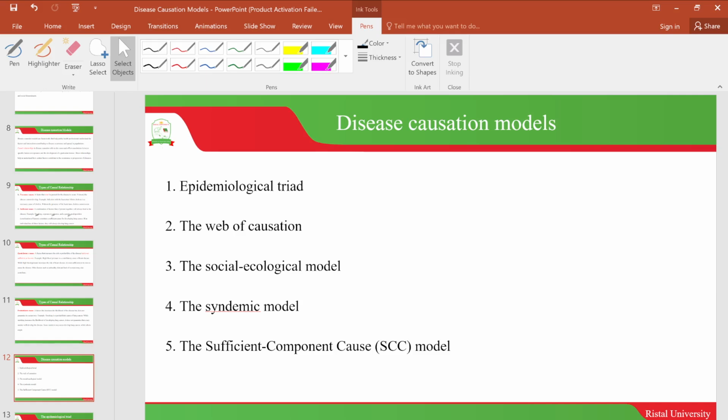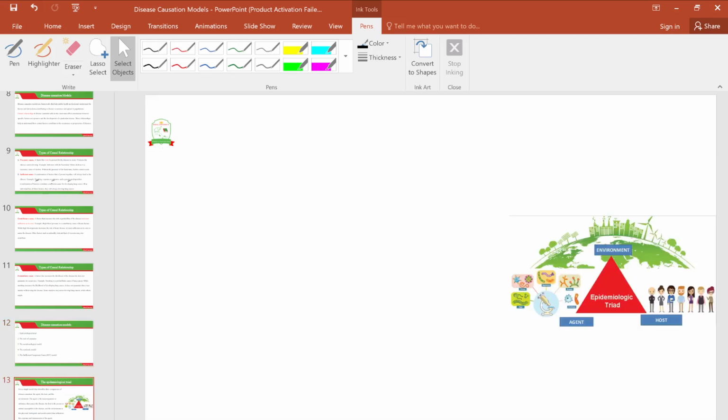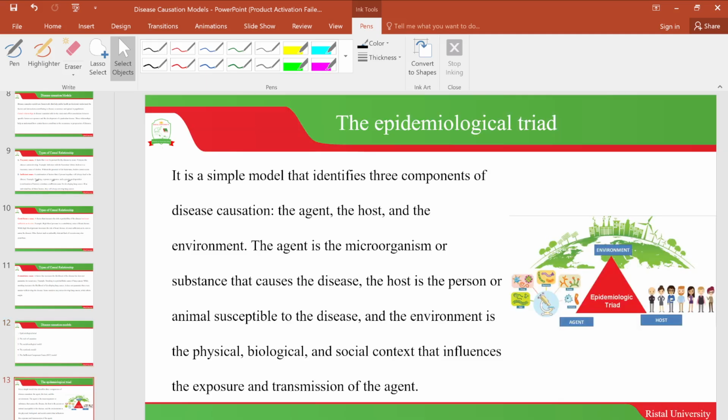So the models that we have, 5 of them here, basically continue with that assumption. We go with that assertion that diseases are caused by multiple factors, and not singular factors. So let's look at the epidemiological triad.